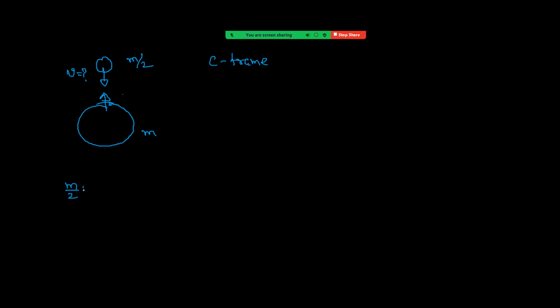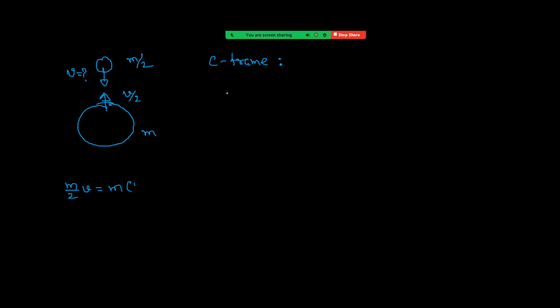M by 2 into v should be equal to m into v by 2, so its velocity must be v by 2, because both must have the same momenta. That means magnitude same, directions opposite. So mass m by 2, velocity v; mass m, velocity v by 2. Directions opposite, they will cancel. Now I'm solving the question directly from the center of mass frame.